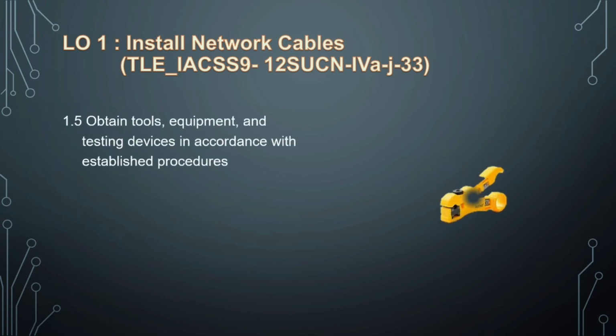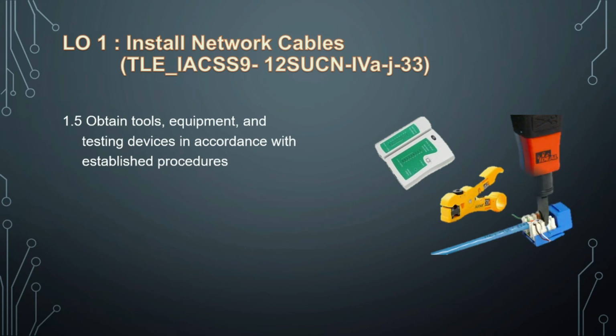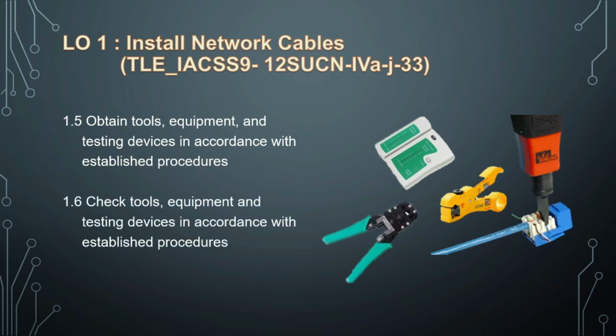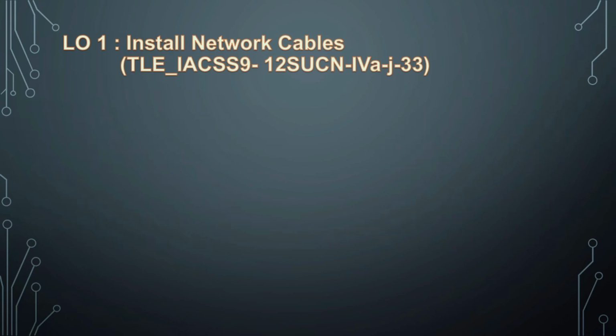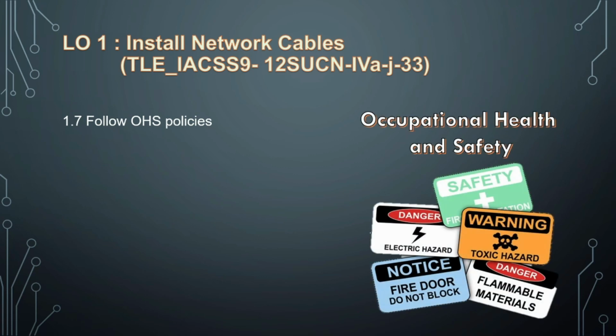Fifth, obtain tools, equipment, and testing devices in accordance with established procedures. Sixth, check tools, equipment, and testing devices in accordance with established procedures. Seventh, follow occupational health and safety policies.